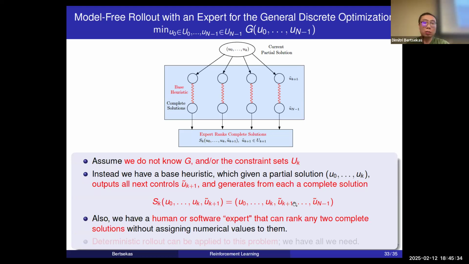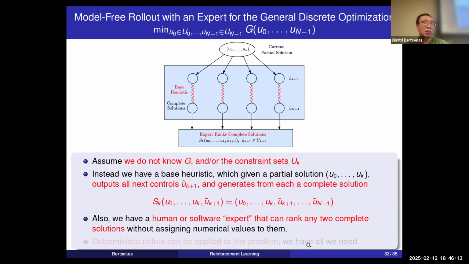There are some subtle points here. We need to make some assumptions about those software, human or software expert. In other words, we need to require this expert to have a certain property: suppose we have 3 complete trajectories, trajectory 1, 2, and 3. Let's suppose this expert says that trajectory 1 is better than trajectory 2, and trajectory 2 is better than trajectory 3.